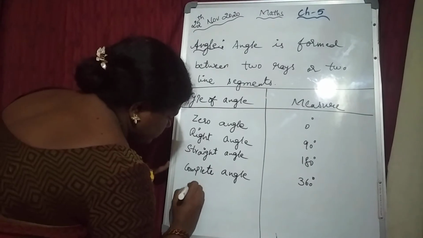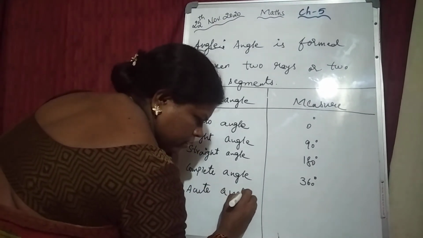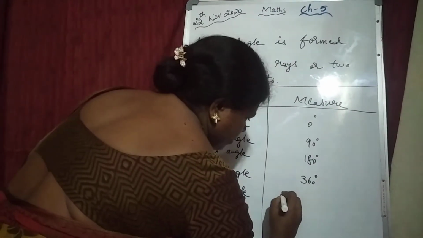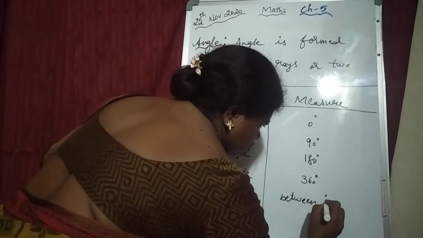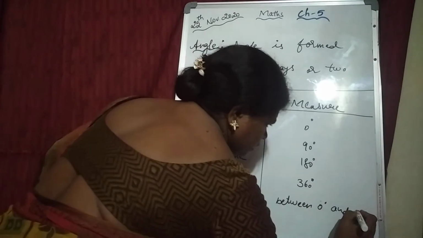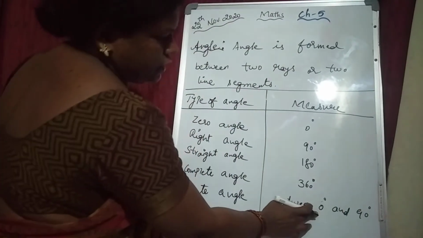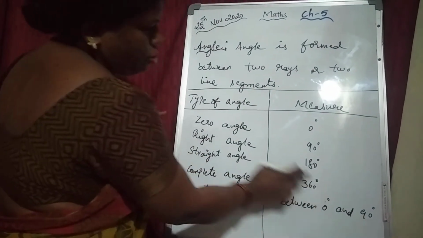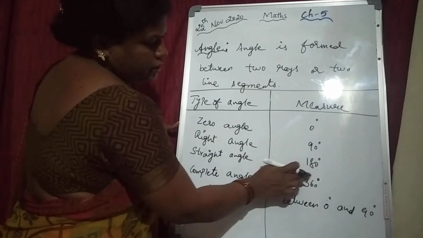Then acute angle, between 0 degrees and 90 degrees. The degree symbol should be above the number: 0 degrees, 90 degrees, 180 degrees, 360 degrees.